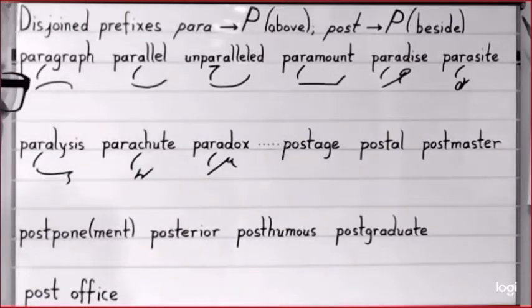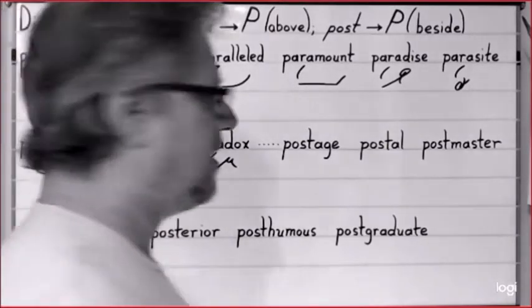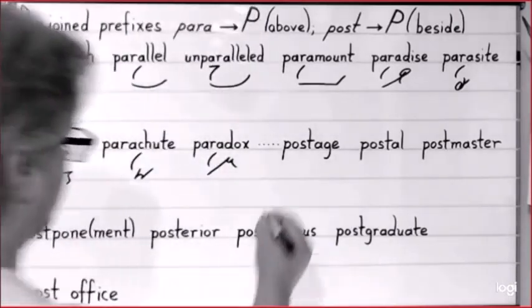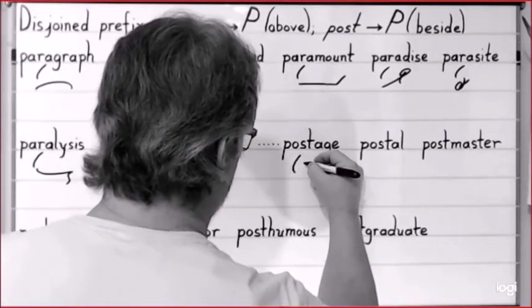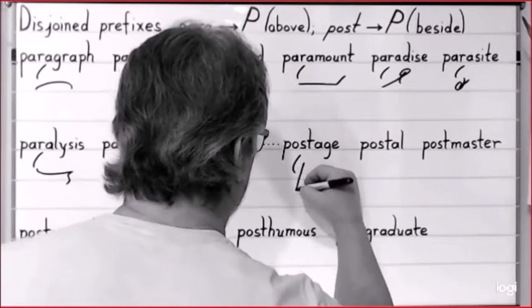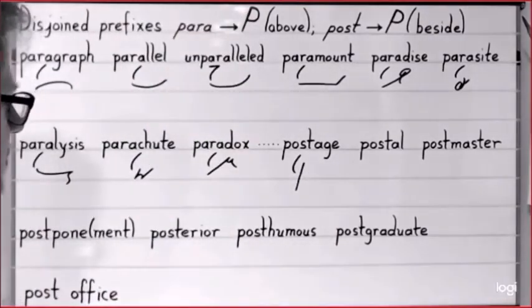Now on to post, and remember this is written beside the rest of the word. So for postage, it is a P, and then a J for the rest of the word.